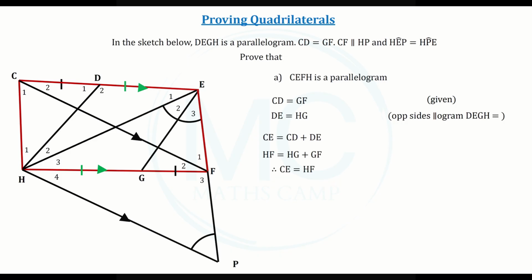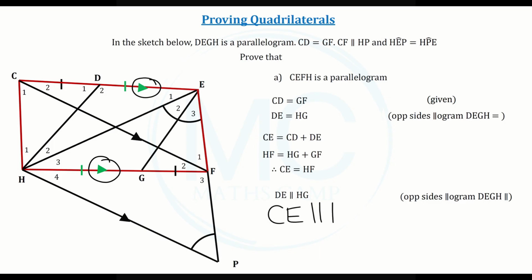We also know that DE is parallel to HG. And as our reason, it is because the opposite sides of the parallelogram DEGH are parallel. In the diagram, we can see that DE sits on CE and that HG sits on HF, which means that CE must be parallel to HF.